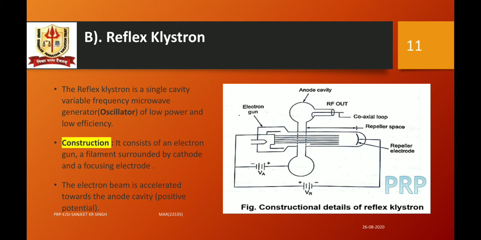As it returns to the gap, it sends the anode cavity into resonance, and the resonated output is taken as the microwave signal with the help of the coaxial loop.